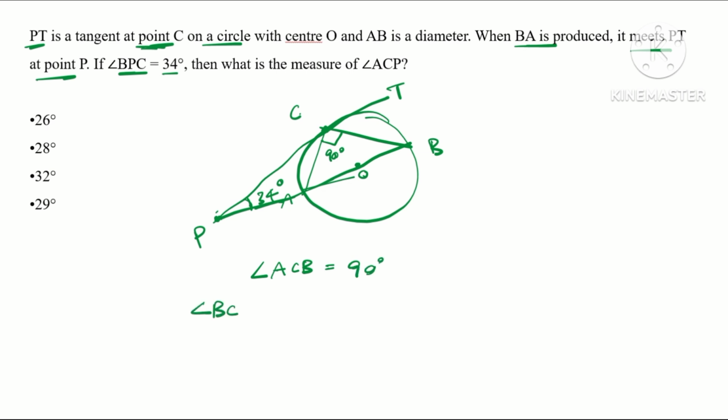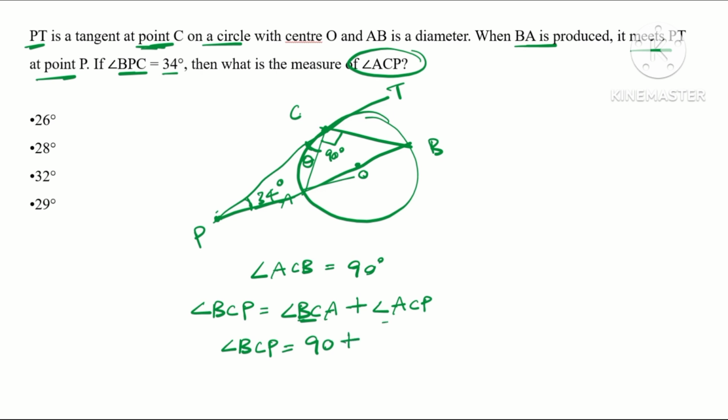Now angle BCP equals angle BCA plus angle ACP. They are asking to find angle ACP, so let's call this theta. So angle BCA is 90 degrees plus angle ACP is theta.